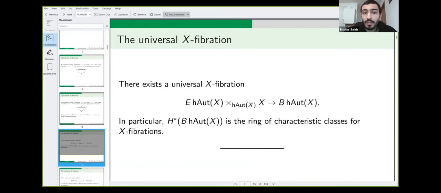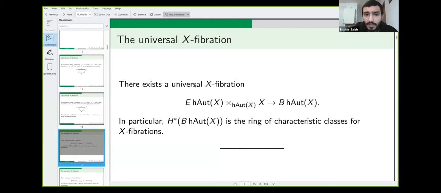And there exists a universal X fibration where the total space is of this form. We take a contractible space on which this monoid acts freely, and then we take the product with X, and then we take the homotopy orbit space of this thing, and we map it to the classifying space.